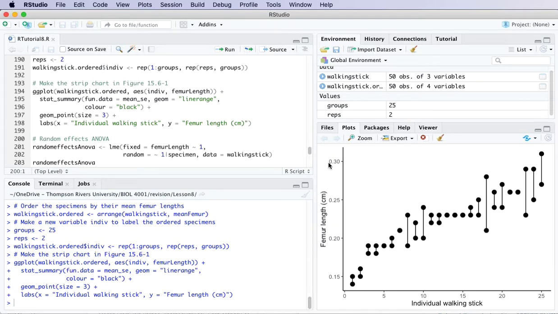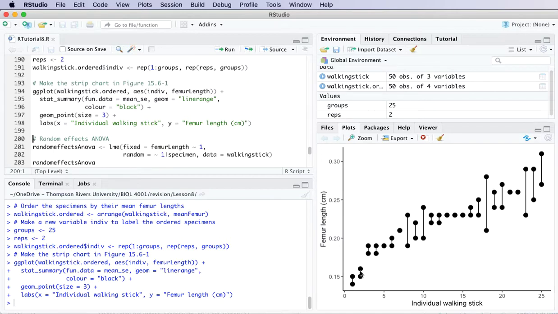So we've got femur length on the vertical axis, and then we've got the new order of the walking sticks along the horizontal axis, and the two measurements for each. So these are the two measurements for the smallest walking stick, with a femur length, it looks like, of 0.14 for the first measurement, 0.15 for the second one.